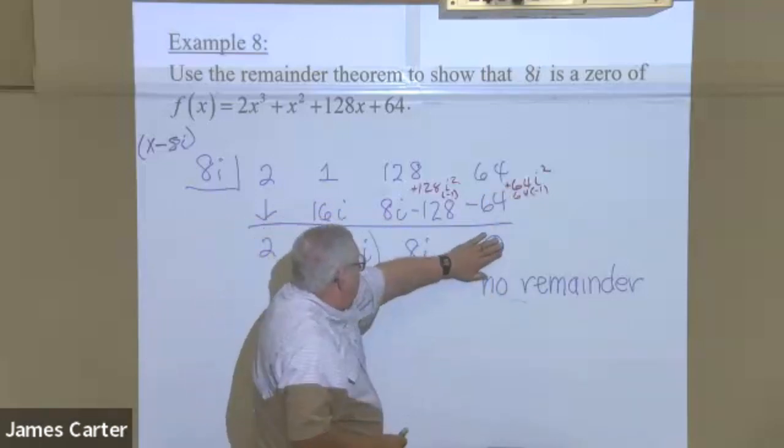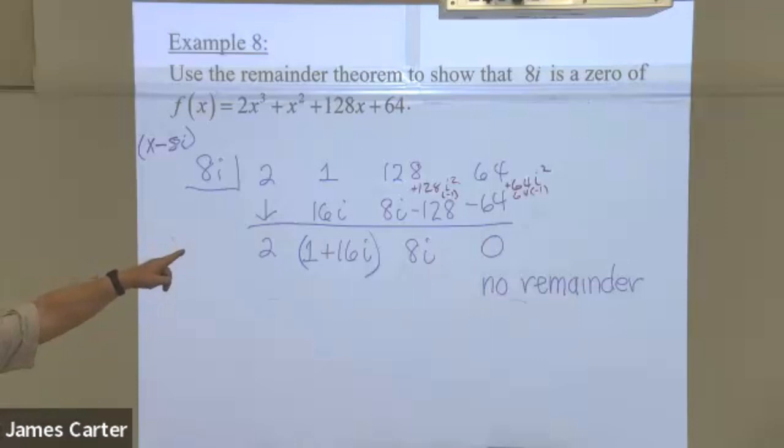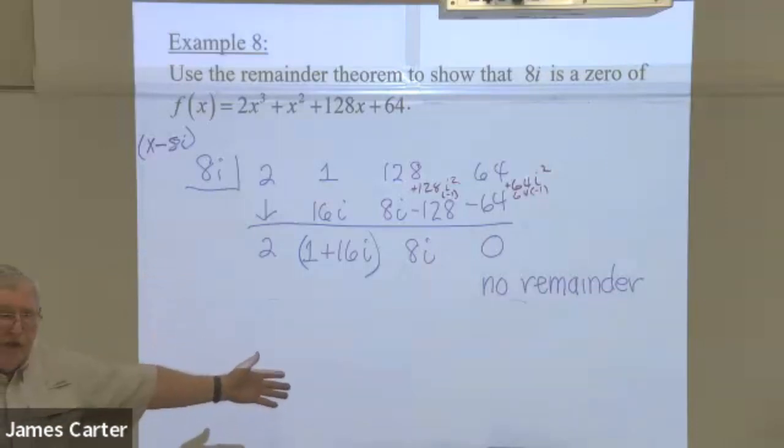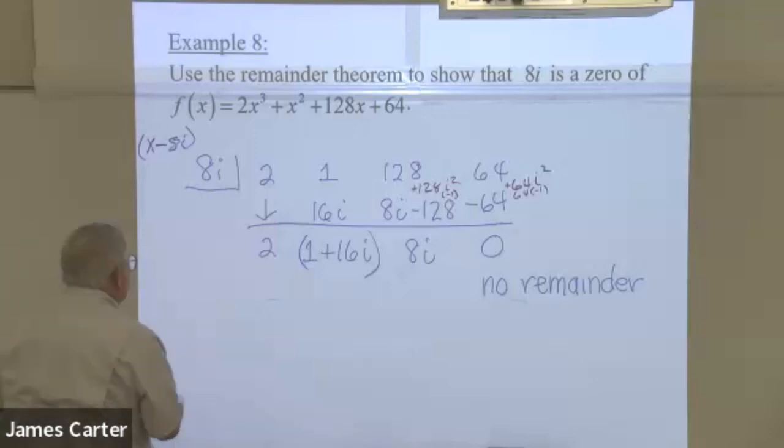And we got a 0 remainder. Now, in this case, we knew that we would, because it says it is. Do you want to finish this one to full factoring, or do you want to go on? We can do it either way. You'd like to know how to finish this.